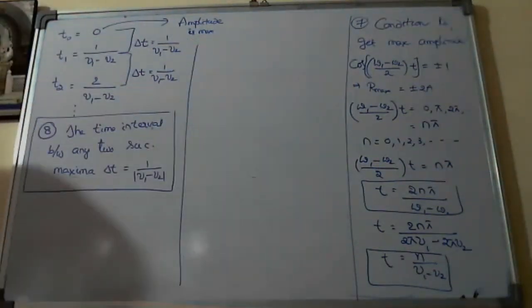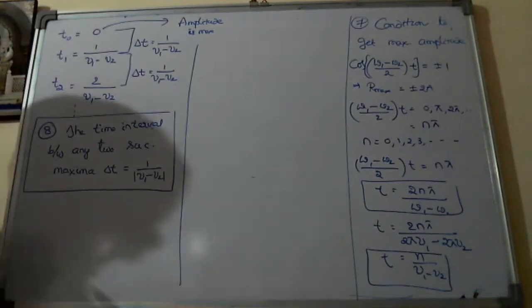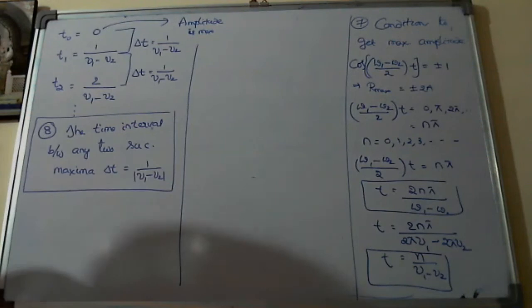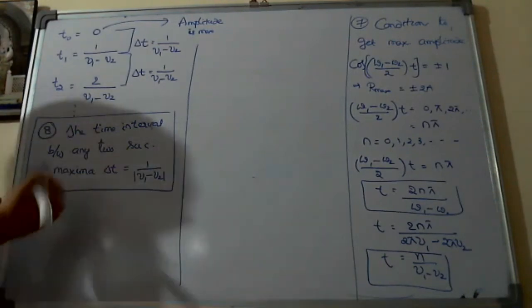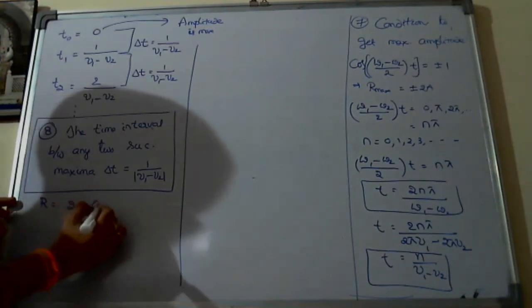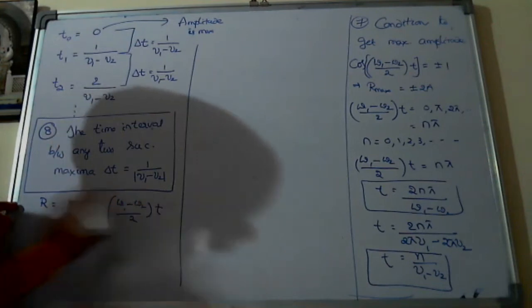After keeping that point in buffer, coming back, when does this amplitude become minimum? Our equation is R equals 2a cos (omega 1 minus omega 2) by 2 into t.